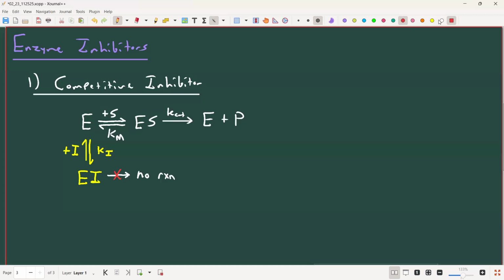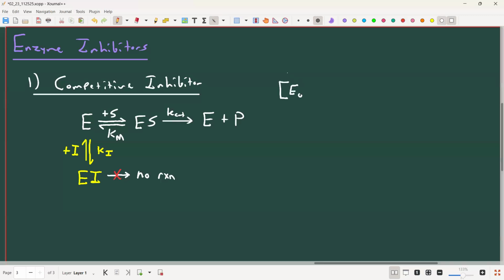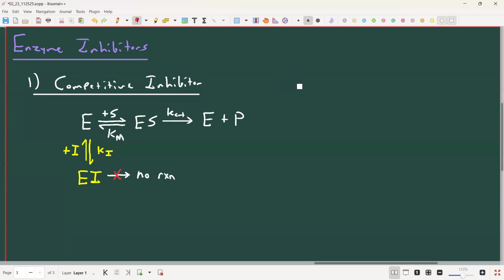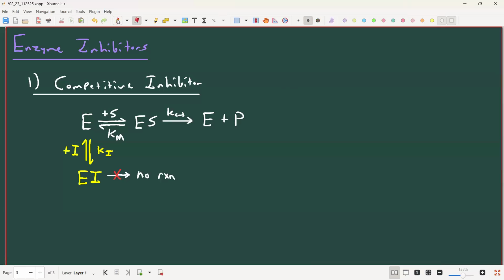We're going to do the same analysis as before. What can we do here? Well, one thing that we can do is treat the enzyme at steady state.